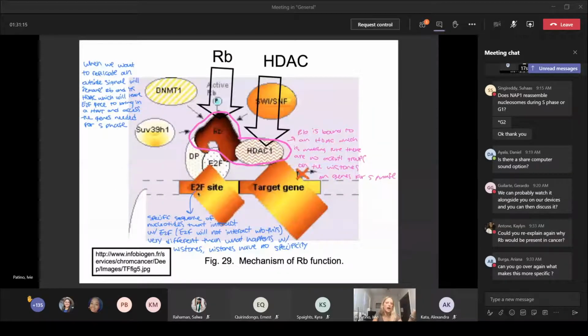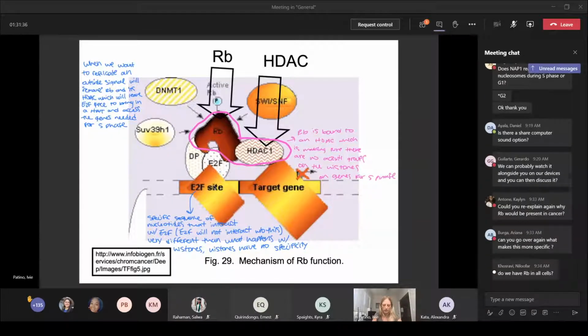It will bring in a HAT and make those genes accessible for replication and transcription and so on. So that makes it different from histones, because they have no specificity. E2F needs a sequence-specific site on that DNA to bind.